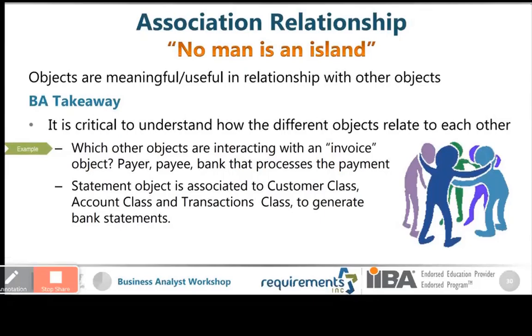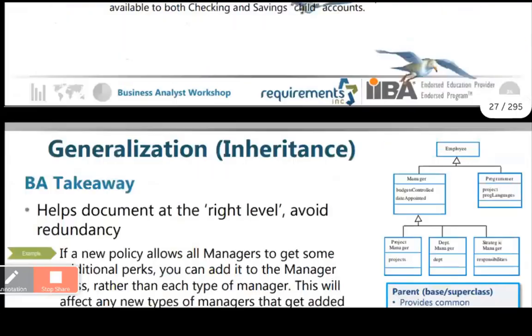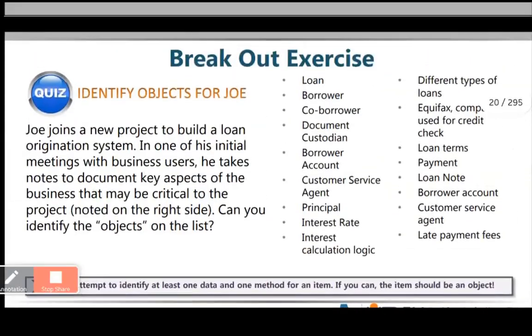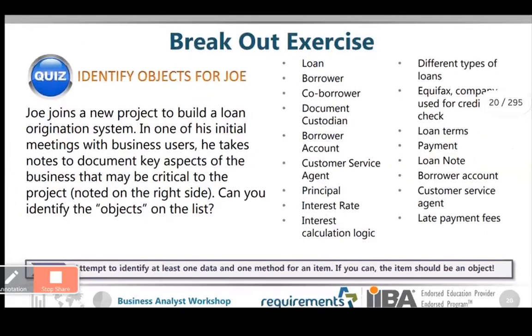Now even going back to our Joe example, by inspecting these objects, you can see how they relate to each other. A borrower is related to loan. A borrower is related to payment.